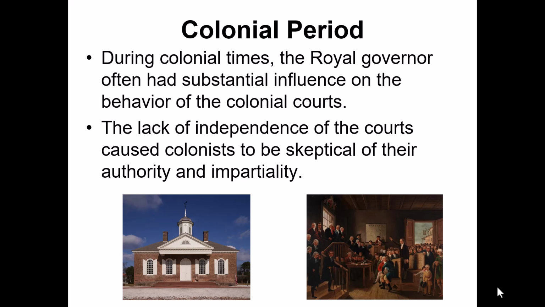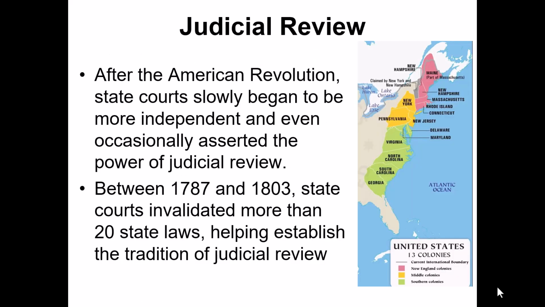If we go back to earlier times, to the colonial period, we see a system of courts in the colonies that is very weak. They lacked independence. They were heavily influenced by the royal governors that are appointed by the king, and so colonists were very skeptical of the authority and impartiality of the court system during the colonial period.